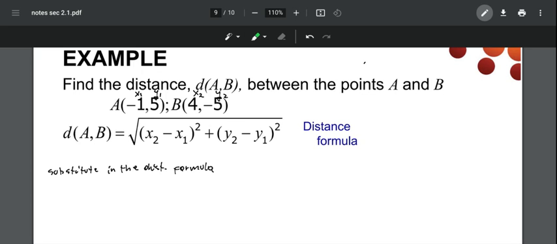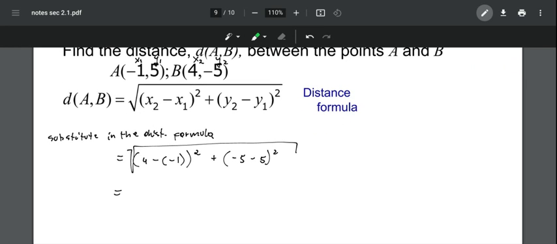So the distance will be equal to x2, which is 4, minus x1, negative 1, and everything to the second power, plus y2, which is negative 5, minus y1, which is 5, squared. And just don't forget to take the square root. And simplify.